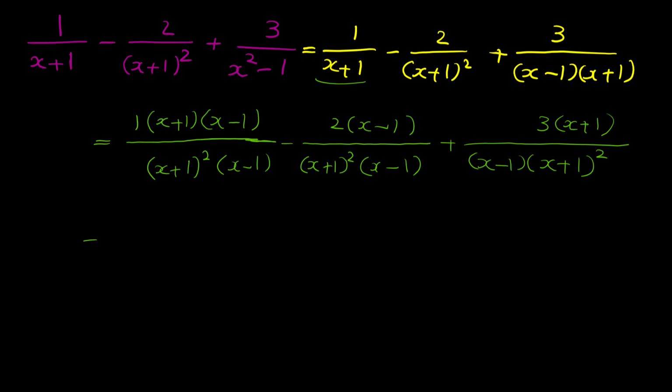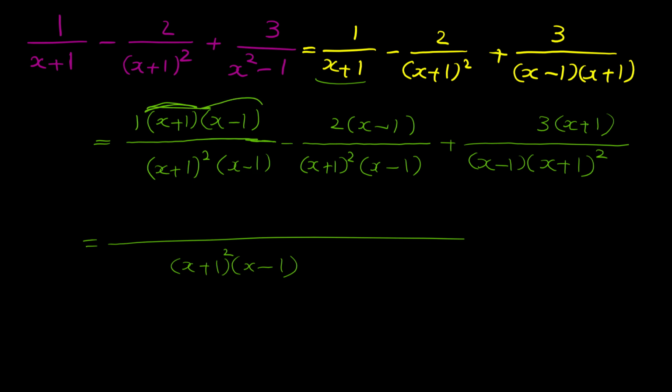Now that the denominators are the same, we write one of the denominators and we start simplifying the numerators. x plus 1 times x minus 1 is x to the 2 minus 1. Again, let me remind you, a plus b times a minus b is a to the 2 minus b to the 2.